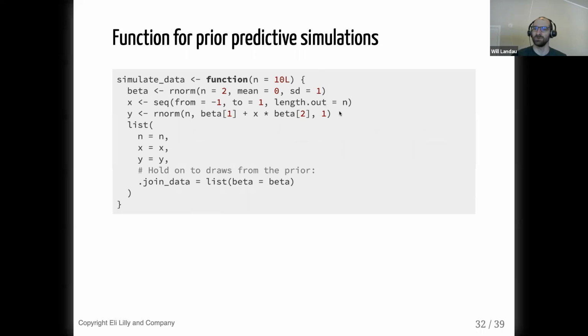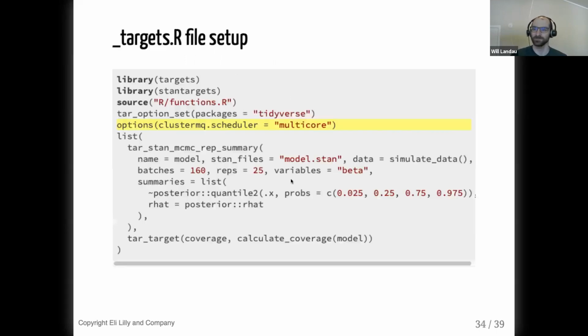If you create a data set with this dot join data list, then Stan targets will automatically join these parameters to the summary output, so you can make comparisons between the data and the fitted model, and that's part of what makes this work.